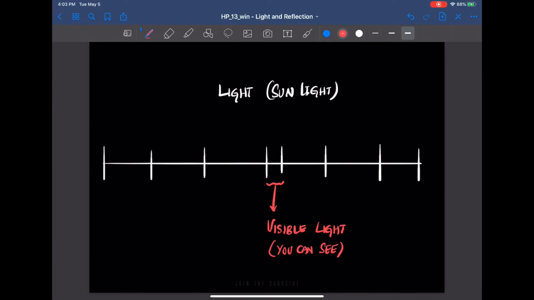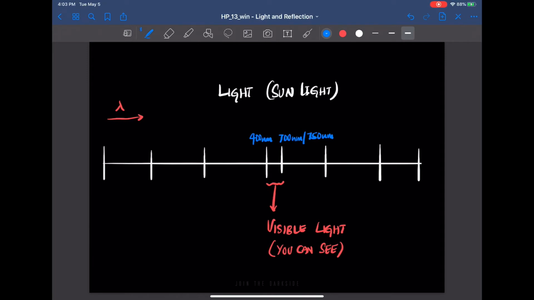On a scale of increasing wavelength, this is about 400 nanometers to 700 or 750 nanometers, whichever is the case.